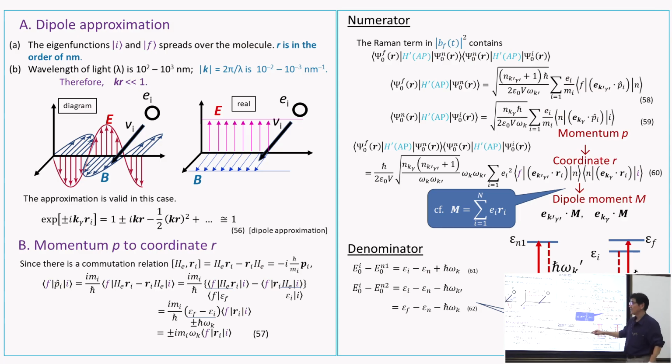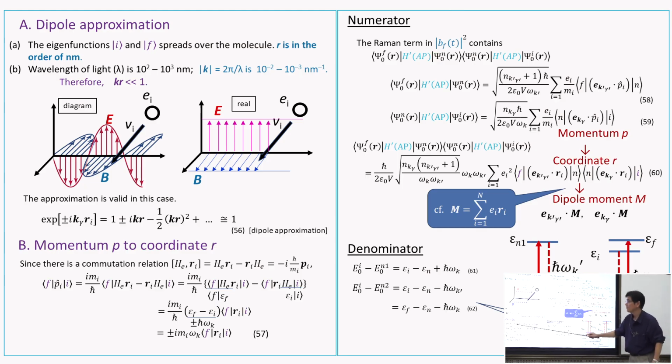Then let's substitute p i in this integral, f p i I. p i can be substituted with this term multiplied by some coefficient.